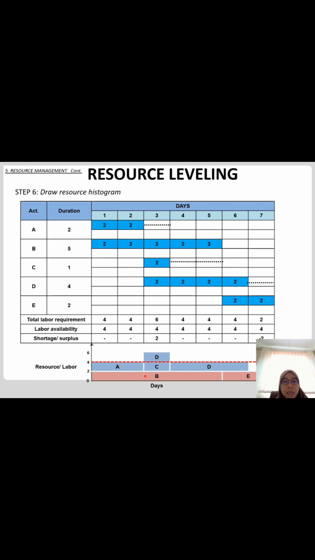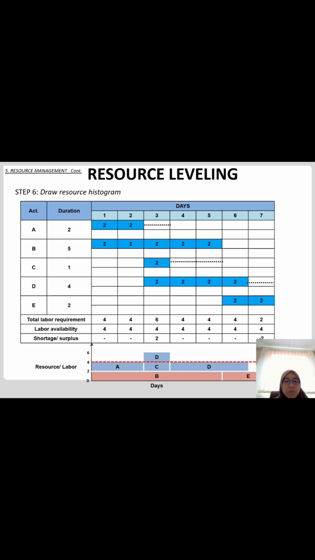And after that, you can arrange the other activities that I have floated. First, activity A, and then here is activity C and D, and E is already done. Okay, so after that you can move the activity according to the float. For example, activity D has 1 day of float, so you can move this activity to the 7th day.